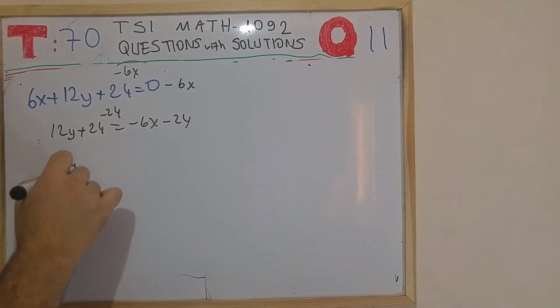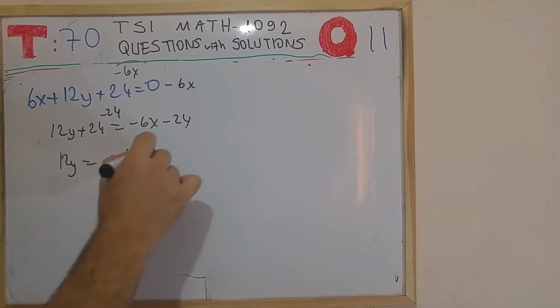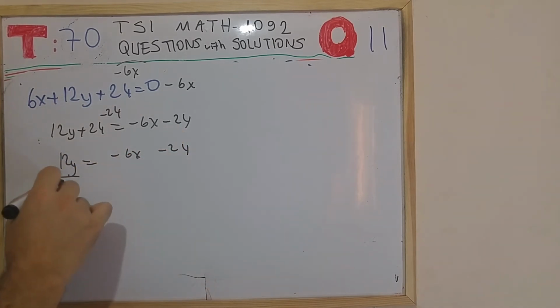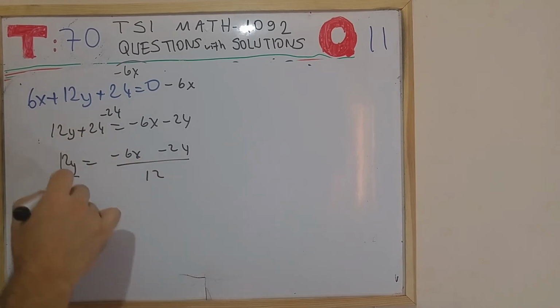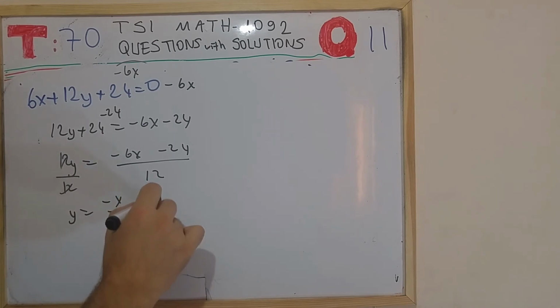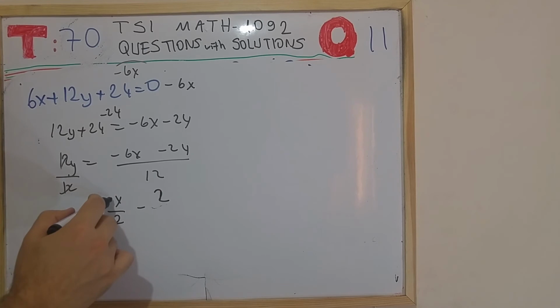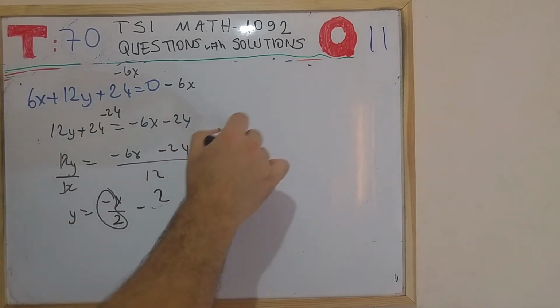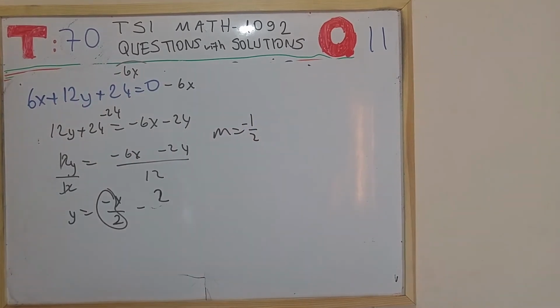So 12y is equal to minus 6x minus 24. When I divide each side by 12, y is equal to minus x over 2 minus 2. Here the coefficient of x is equal to minus 1 over 2, so the slope is equal to minus 1 over 2.